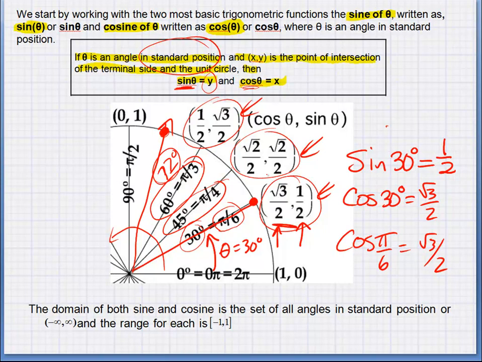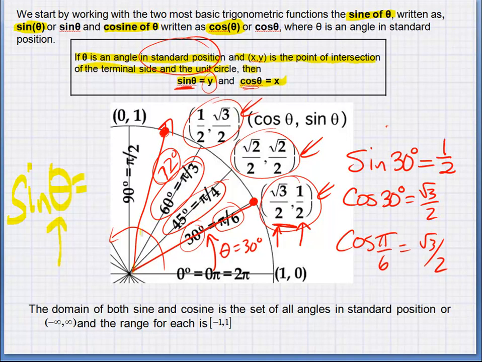So one thing you're going to see, if you're looking at the x-coordinates and the y-coordinates for your cosine and sine functions, is that we're looking at domain. Domain for any function is all the values that you can plug in, in this case theta. Theta would be my domain values. As long as I can take some angle, say sine of theta, and plug it in and get an answer, then it will be in my domain.